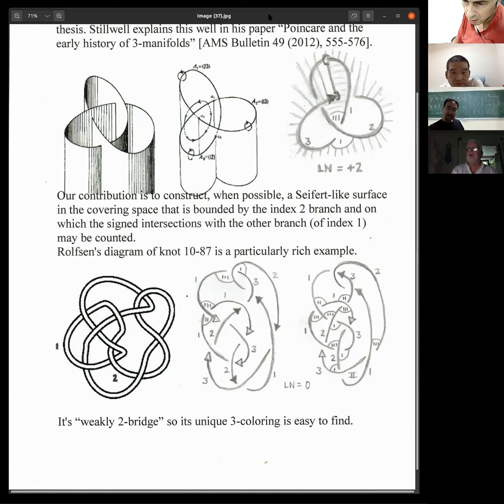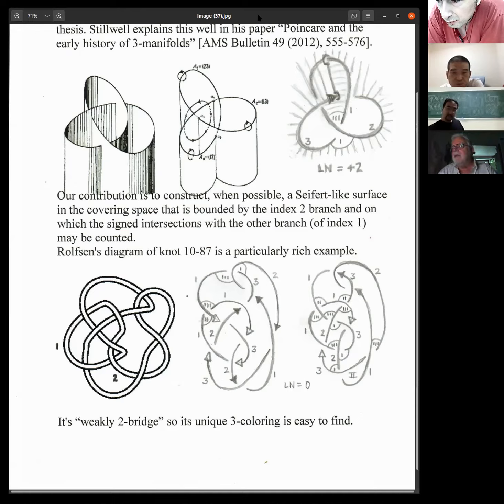I could have started, as indeed I do in the diagram on the right, by taking that same intersection and lifting the opposite way, lifting the top to copy 2 and the bottom to copy 3. Because in each case, those little twisted rectangles co-bound the branch curve of index 2 upstairs.